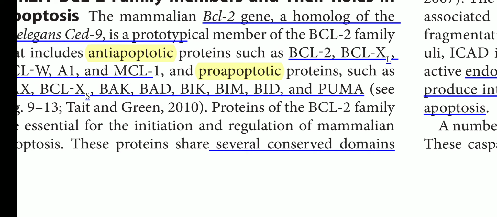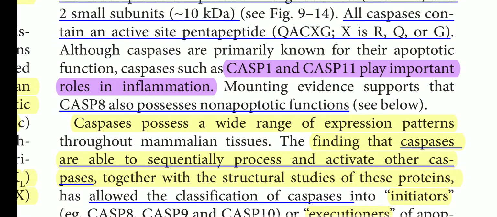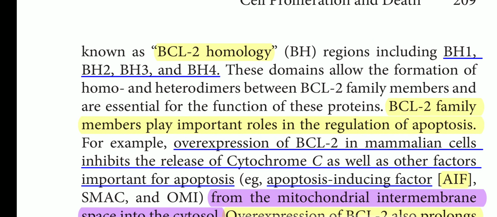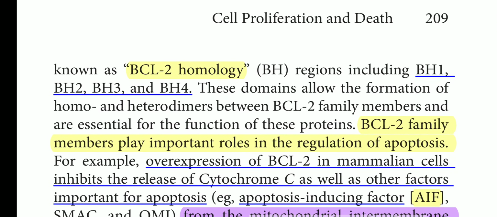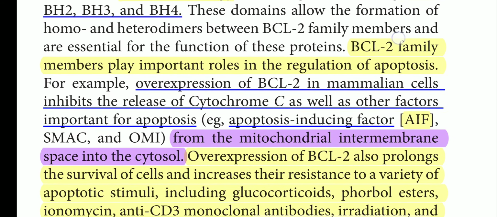These proteins share several conserved domains. The BCL2 homology has BH1, BH2, BH3 and BH4 domains. BCL2 family members play an important role in regulating apoptosis.